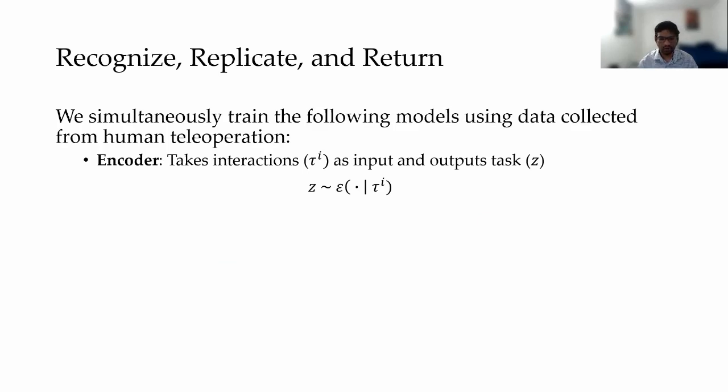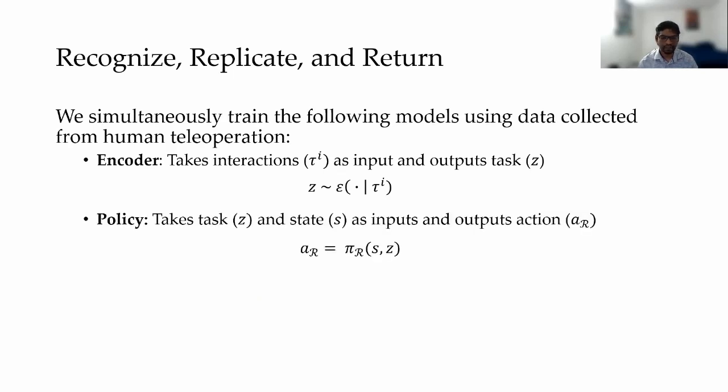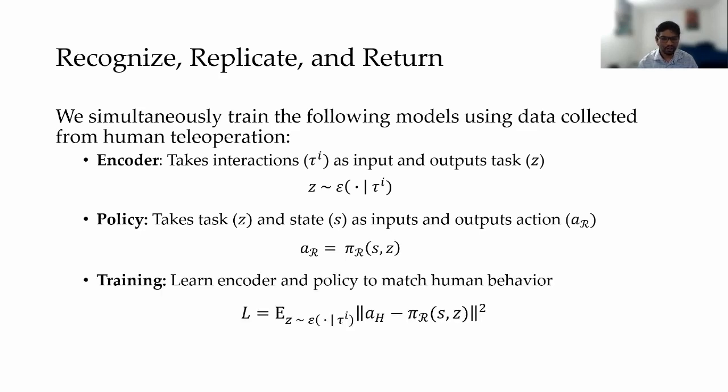The first is an encoder epsilon that uses interactions as an input and outputs the current task Z. Then we have a decoder or a policy that takes task Z and current state S as inputs to output a robot action AR. The encoder and policy pair is trained together to match the human's behavior in the dataset.